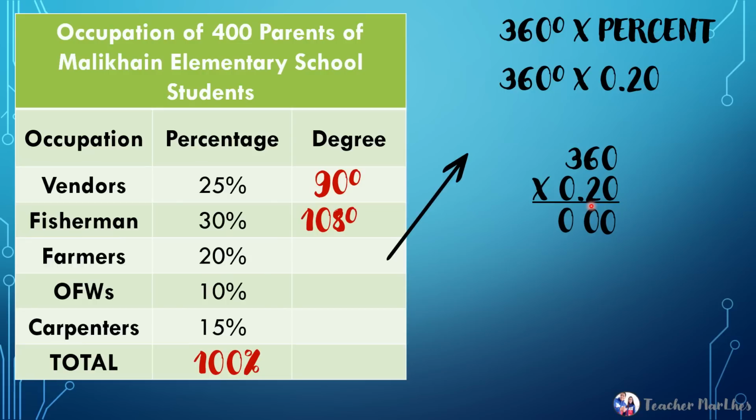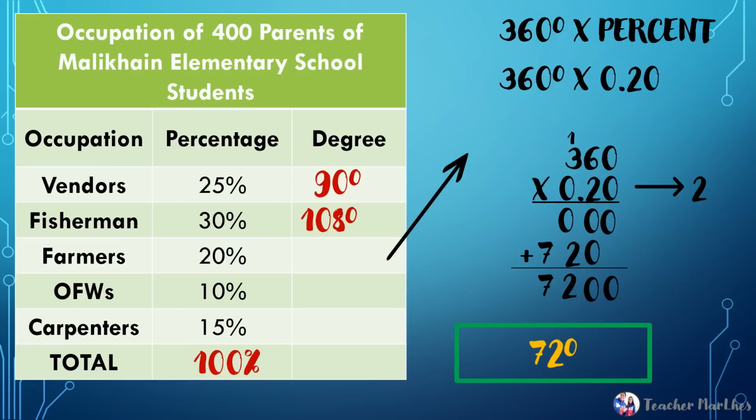Next 2. 2 times 0 is 0. 2 times 6 is 12. Carry 1, bring down 2. 2 times 3 is 6 plus 1 is 7. Then add. So we have 0, 0, 2, 7. Decimal places, 1, 2. So final answer natin, dalawa din. 1, 2. So final answer, we have 72 degrees.